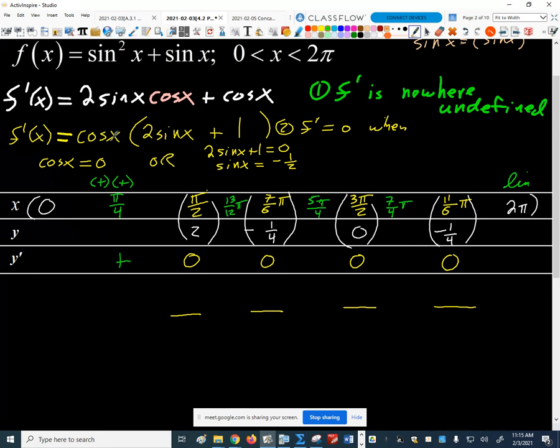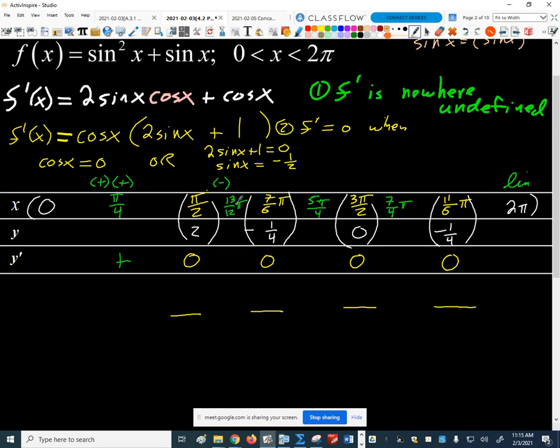So the cosine is going to be negative, isn't it? Because that's going to be just barely into quadrant 3. Cosine is negative every place in quadrant 3, right? So we're going to get a negative times, what about this? 2 times the sine, that's going to be a really small negative value, isn't it?